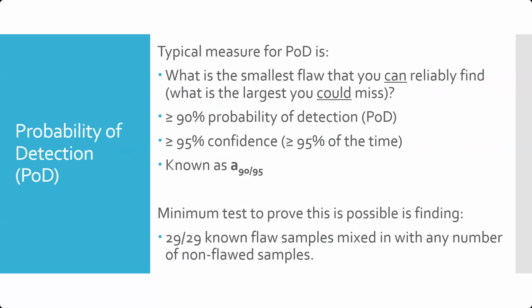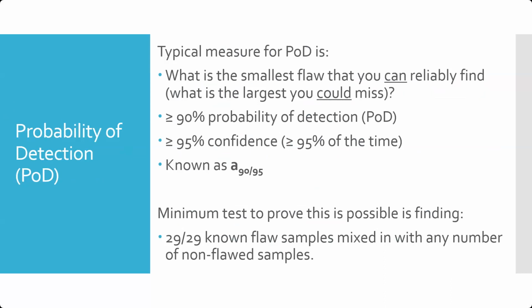Now, a lot of people ask why can't we get it to 100? Well, part of it is there's a human element. The other part of it is we have to take that into account. So the flaw size we're finding consistently at what's known as A90-95, the probability and confidence interval, needs to be smaller than the critical size.